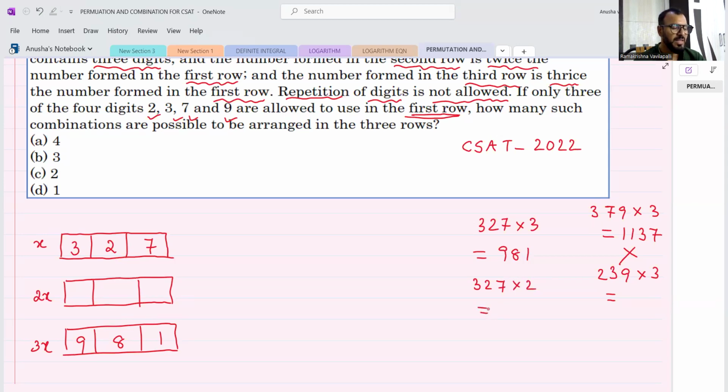That is equal to 654. So we have 327, 654, 981, using the digits 1, 2, 3, 4, 5, 6, 7, 8, 9. This is one possible case, right? We have to look for whether any other case is possible.